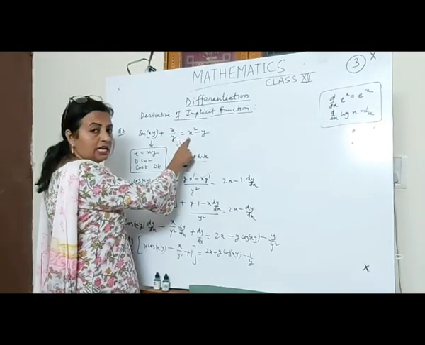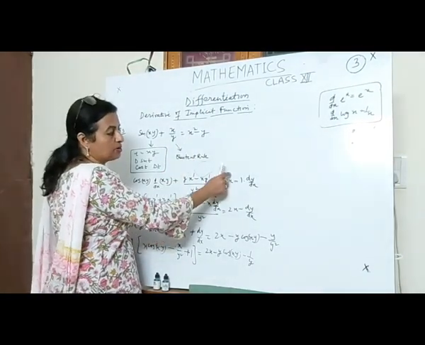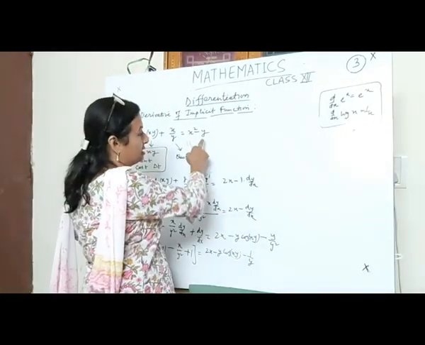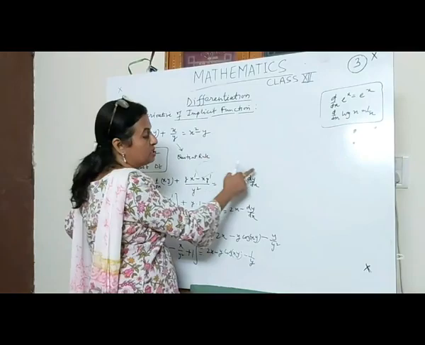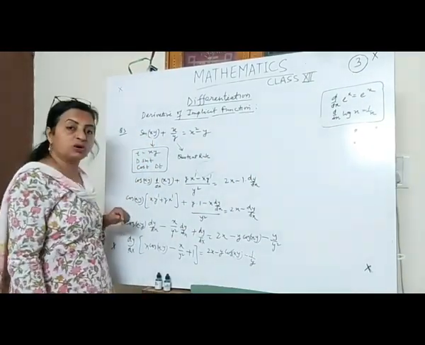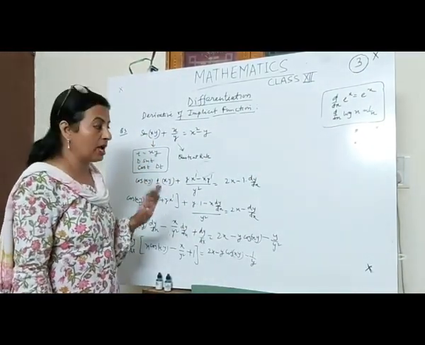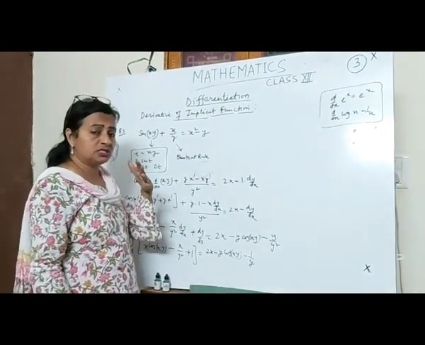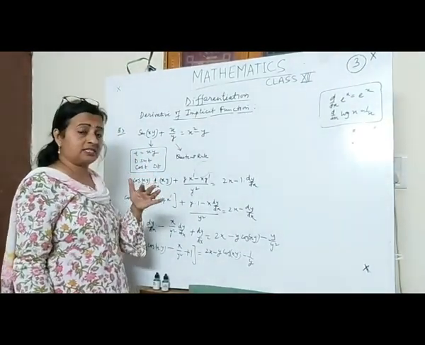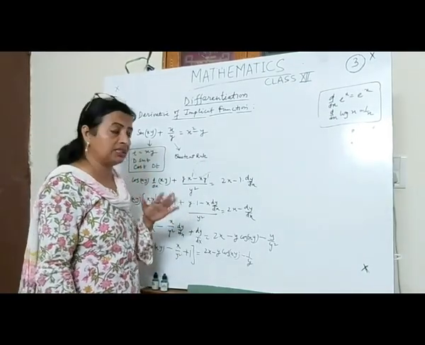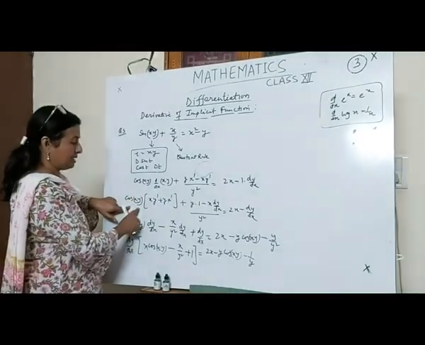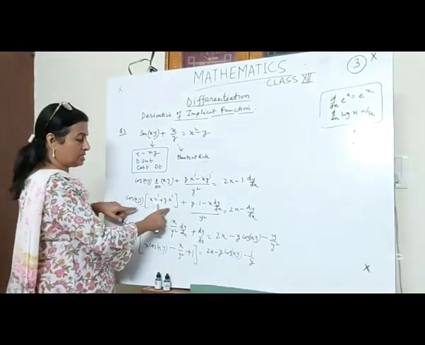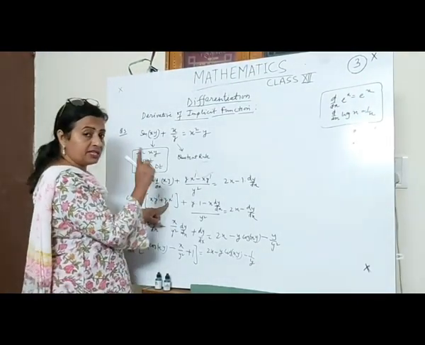For x square, x power n rule, 2x^(2-1). The differential of y will be the same as the differential of x, that is 1, but because this is y, we write dy upon dx, because you are finding the derivative with respect to x. So wherever you have a y term, differentiate as x, but write dy upon dx with that. So cos xy, product rule again: x into y dash plus y into x dash. x dash means derivative of x, that is 1.